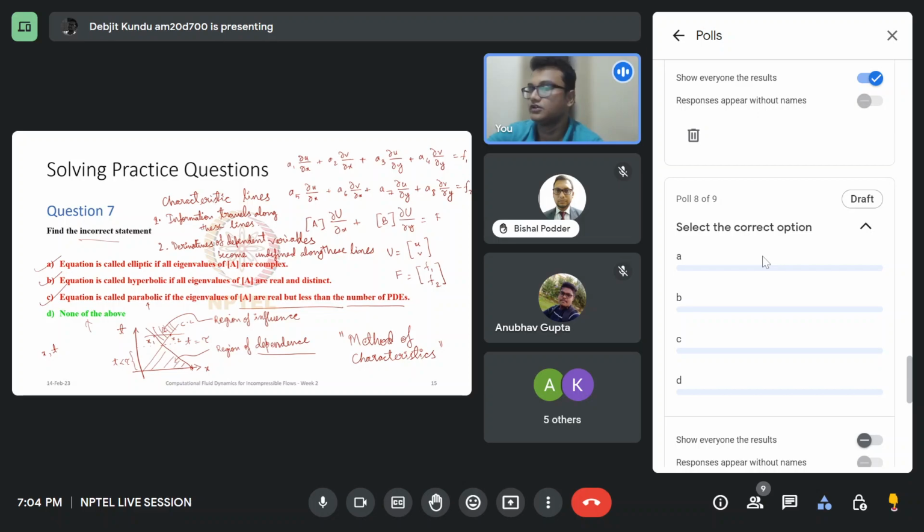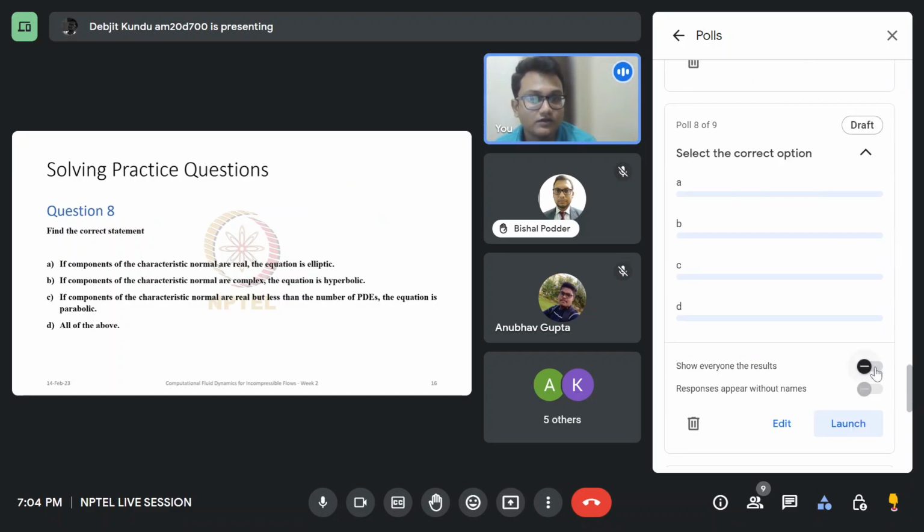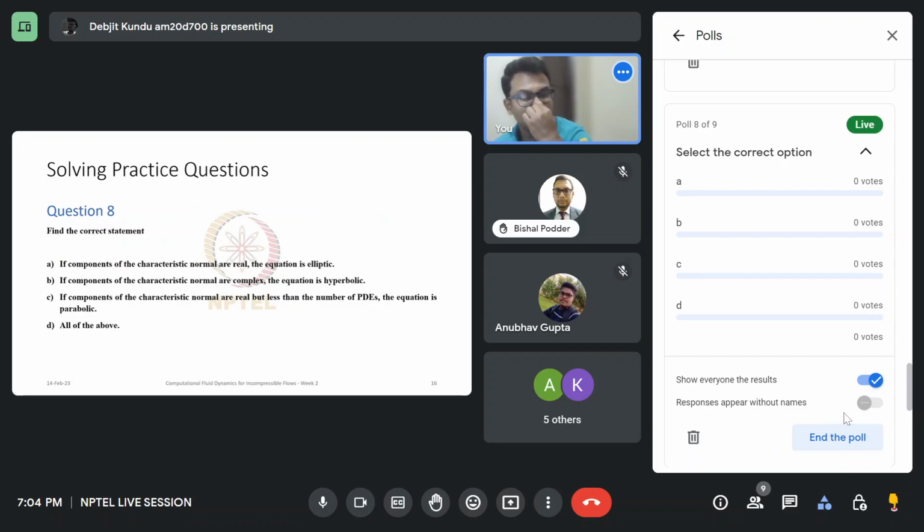All right, so let's move on to question number 8 of today's session. We have to find out the correct statement now. Earlier we had to find out an incorrect statement, now a correct one. Here also there are 4 statements. Statement A says, if components of the characteristic normal are real, then the equation is elliptic.